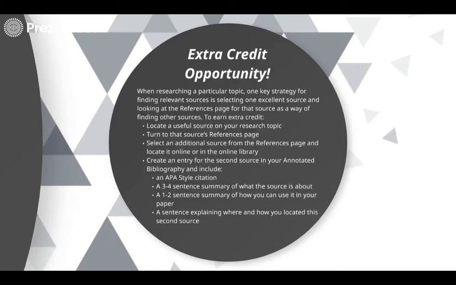You can include this source in your annotated bibliography as a separate entry. Once you're finished consulting that source, turn to that source's references page, and from that reference page, select an additional source. Use the publication information from that reference page to locate that source online or in the online library, and create an additional entry in your annotated bibliography around that source.